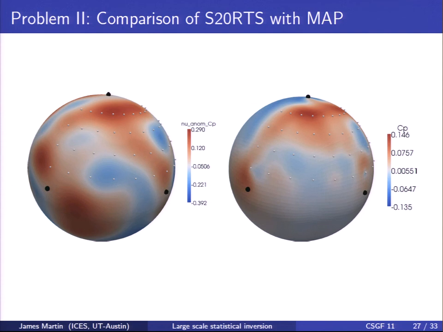Because we only have receivers on about a quarter of the Earth, the true model is shown on the left, but you see that we can't reconstruct very well the image of the truth model away from the receivers. We just really don't know very much about what's happening in that region. Otherwise, the model is more or less qualitatively correct. The magnitudes are a little bit off.